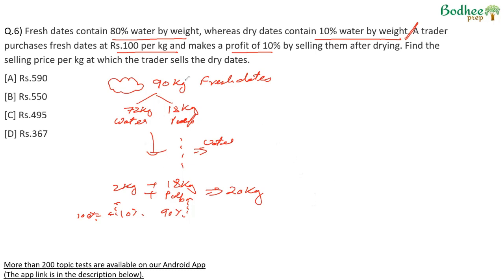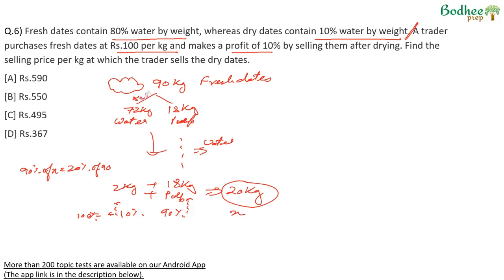Right? Other way of looking at this could be, suppose the new weight of dates is x kgs, we can say 90% of x, the pulp in dry dates, is equal to 20% of 90.